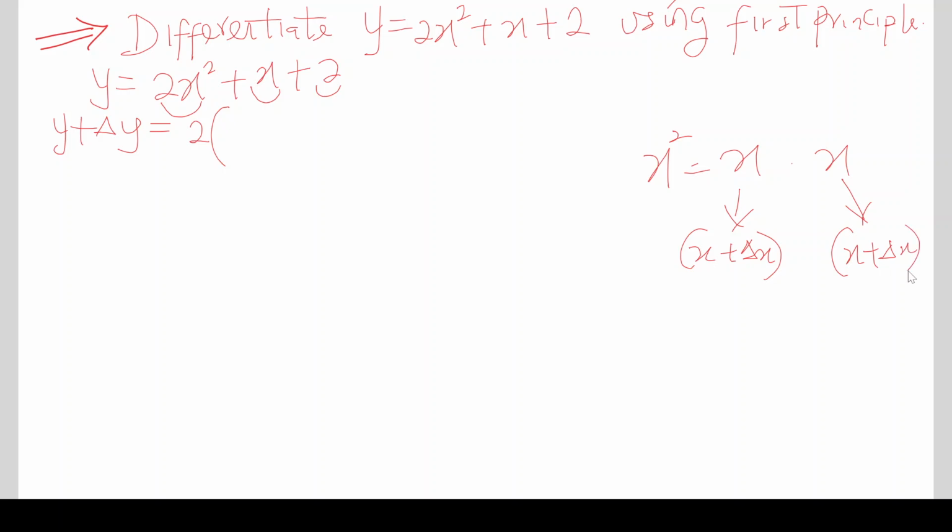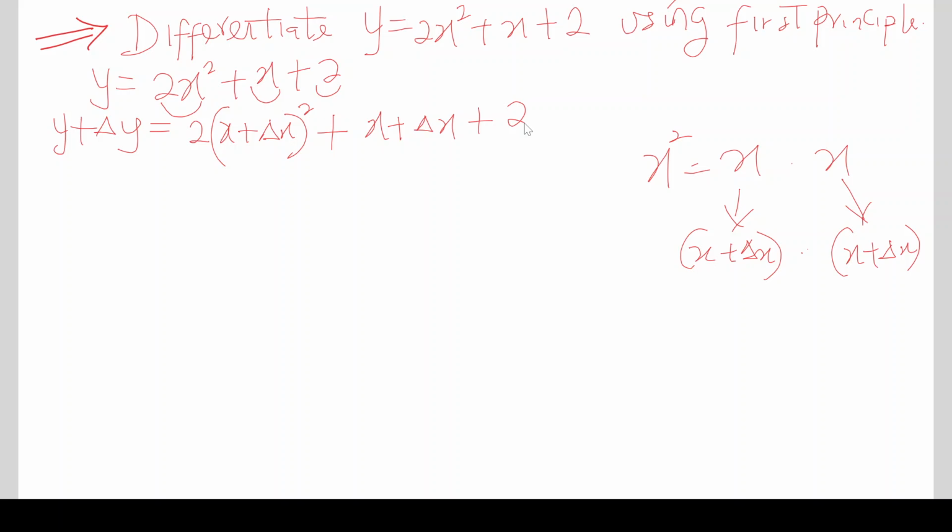Multiplying them together gives x plus delta x all squared. Then plus x plus delta x for the ordinary x, then plus 2, with no change for the constant.